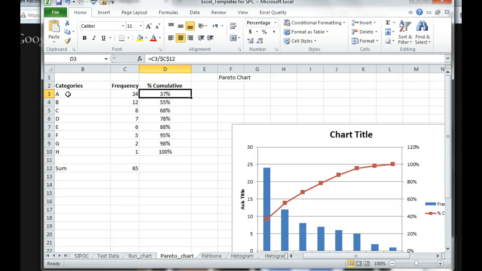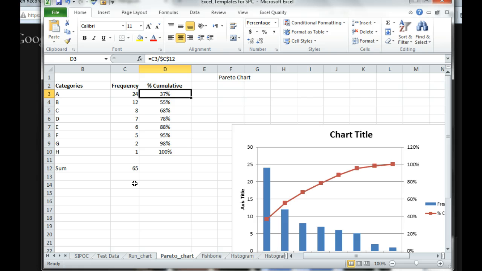So if I have these problem categories A, B, C, D, and F, and I collected the data, and 24 times was an A problem, 12 was a type B problem, and so forth, you need to put them in order.